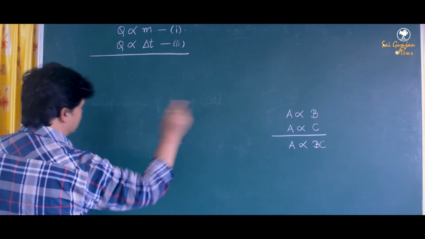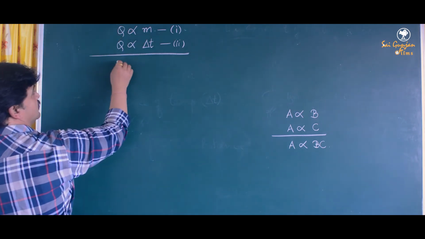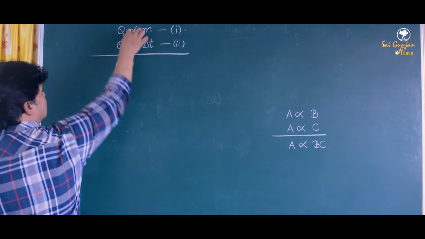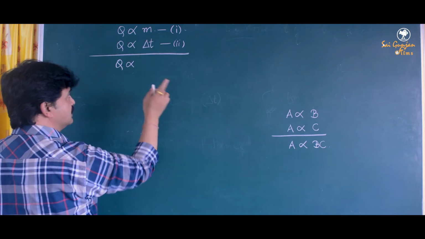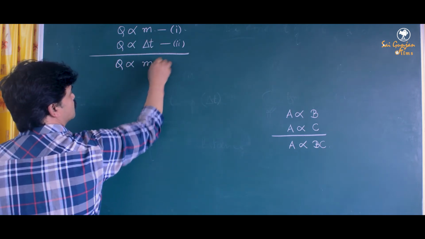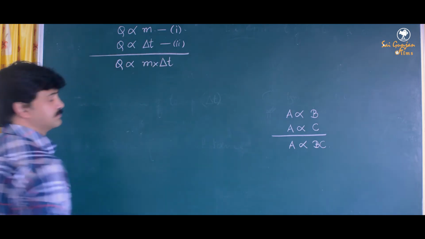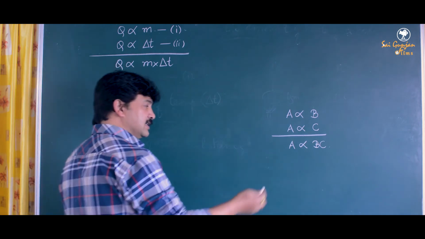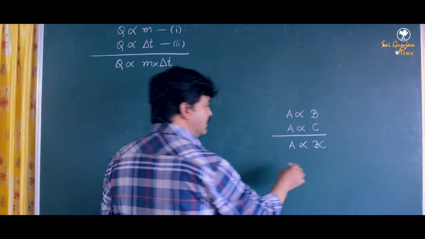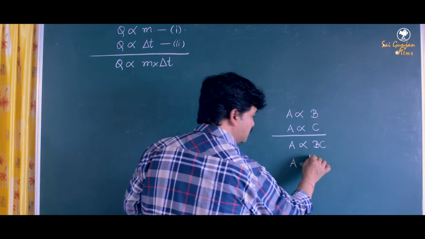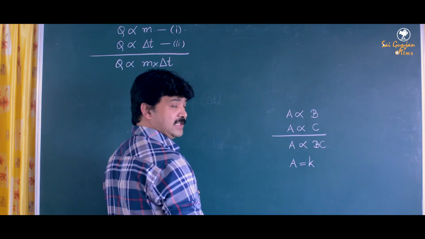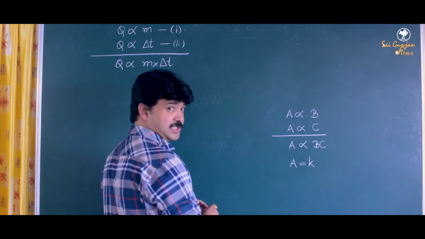Now, according to that relation, Q and Q will remain as Q. It is proportional. Now what we need to do with these two? Multiply. So it's M into delta T. And you must be knowing that when you replace this proportional sign by equal to, you have to put a constant, where K is the constant of proportionality.